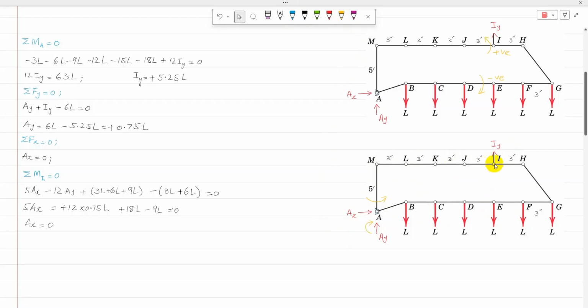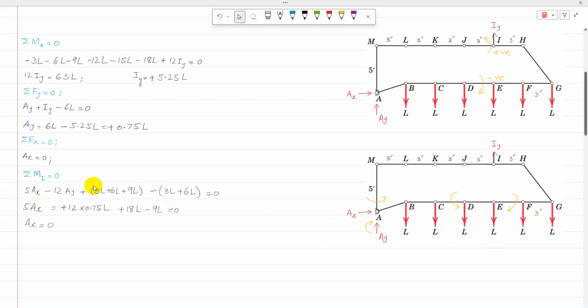The loads at D, C, and B are going to produce moment in anticlockwise direction. The load at E is passing through I, so it's not going to produce any moment. But the loads at F and G are going to produce moment in clockwise direction.